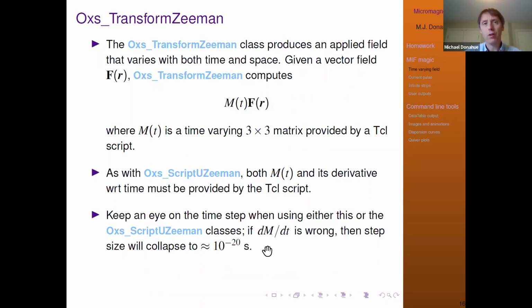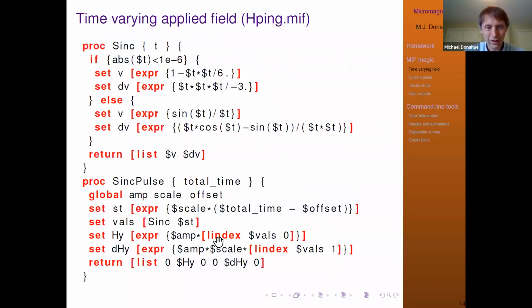Every time you're using any of these time varying applied fields and you have to compute the time derivative, when you run the simulation, keep an eye on the time step. I know it's just differential calculus, but believe me, it happens that when you go to write the code to compute the derivative, that's this thing here, you screw up, right? You miss a factor or something.